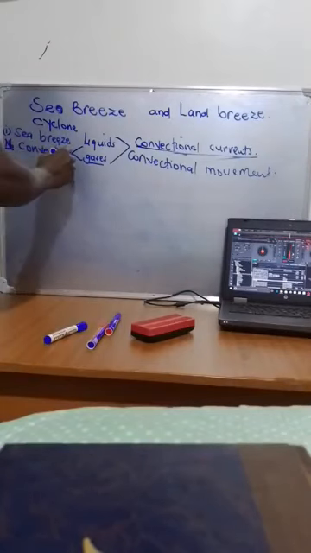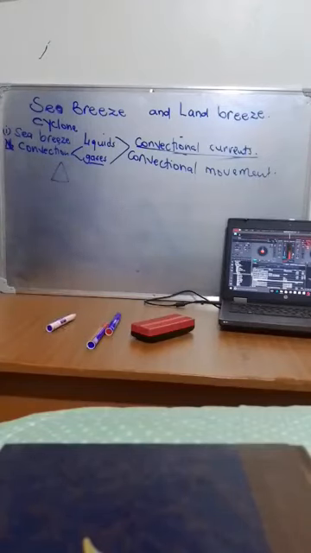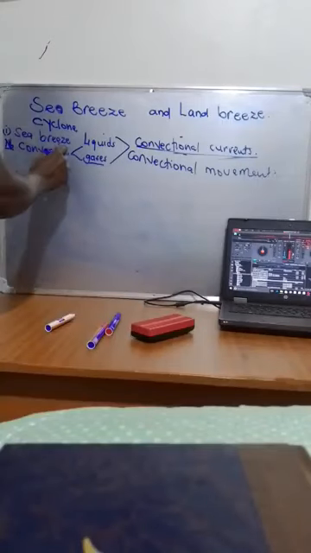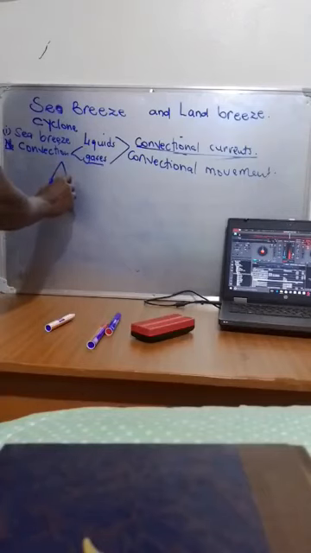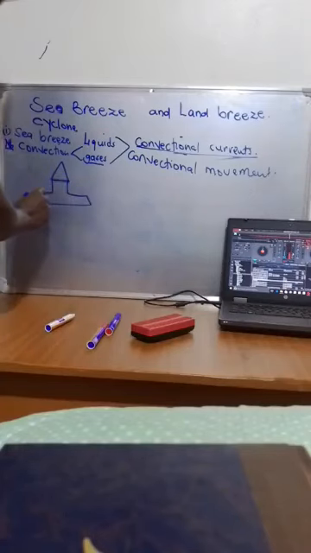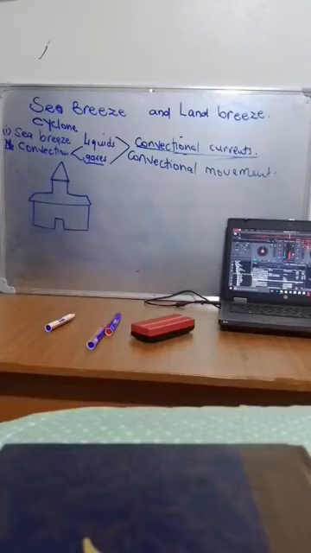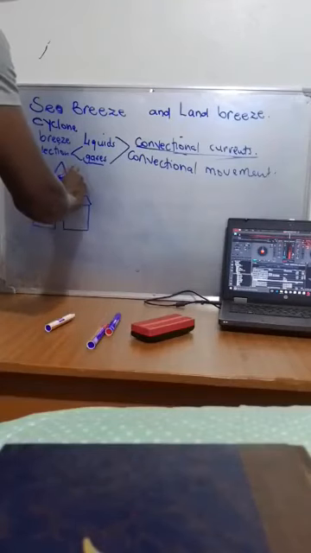Let's assume this is a kitchen, and the top of the kitchen is what we call a chimney.